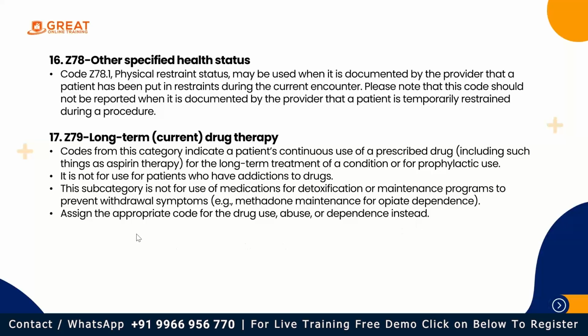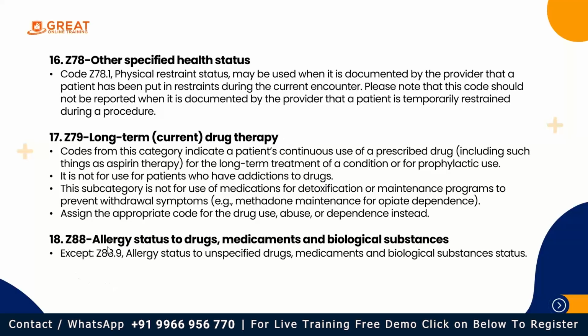But if the patient is using a particular drug for long-term drug therapy and is currently also using the same drug for drug therapy, in that case you have to use Z79. Next, Z88, allergy status to drugs, medicaments and biological substances, except Z88.9, which is for allergy status to unspecified drugs, medicaments and biological substances status.